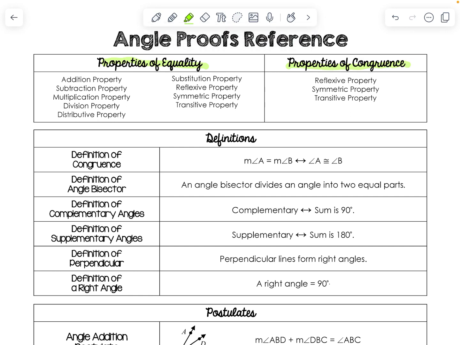So first, we have the definition of congruence. That's when I go from equal to congruent, but obviously here I'm using that angle notation. That little m represents the measure of angle A is equal to the measure of angle B. Remember, that's when I'm talking about actual numerical values.